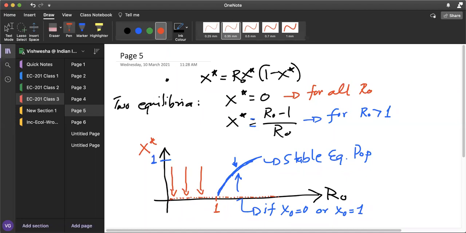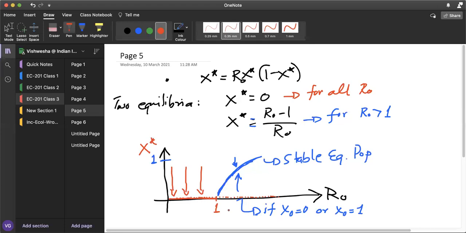That is 0, because any initial condition you began with, including 0 and 1, will go to 0. So usually when you write a diagram like this, which represents equilibrium values as a function of a parameter value, you represent the stable equilibrium by solid lines and unstable equilibrium by dotted lines.